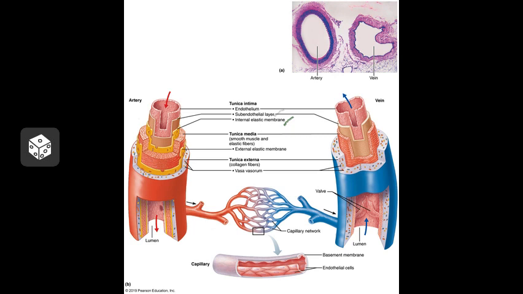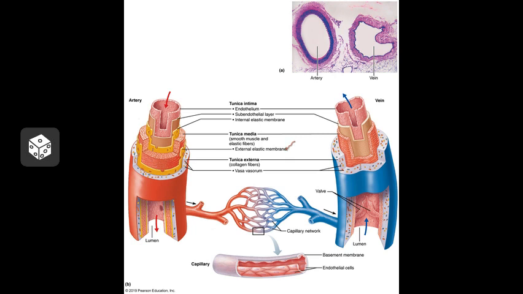The tunica media is made up primarily of a mixture of smooth muscle and elastic fibers. Depending on the type of artery or arteriole, it may have more smooth muscle and/or more elastic fibers. And then again, different from the vein, the arteries have an external elastic membrane that separates the tunica media from the tunica externa.